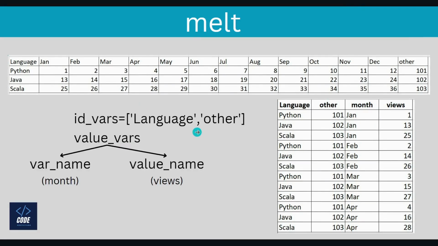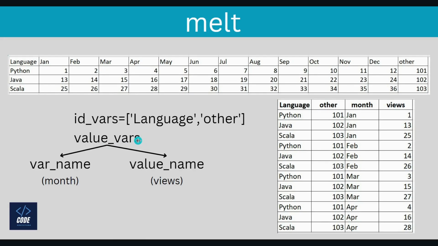Now let's see the parameters which we need to pass to the melt method. We have id_vars, where we can pass all the column names which we don't want to change. So here I have language and other, which will be unchanged, and all these month values we have to pass into value_vars.